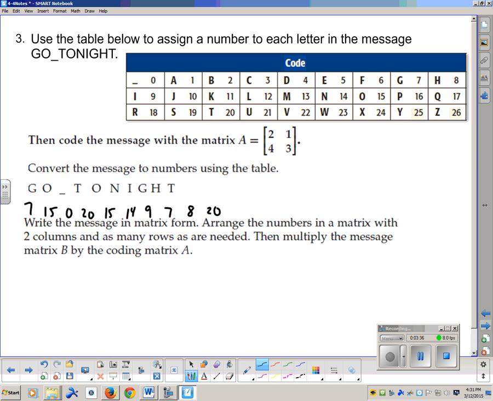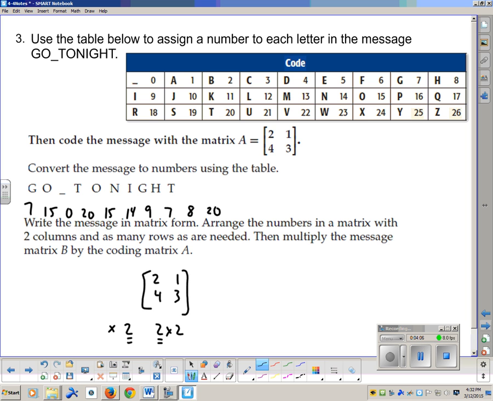All right, it says we're going to code it with a matrix of 2, 1, 4, 3. So we're going to multiply that. Remember this matrix A here is a 2 by 2. It has 2 rows and 2 columns. In order for it to match, we need a matrix over here that has 2 columns.